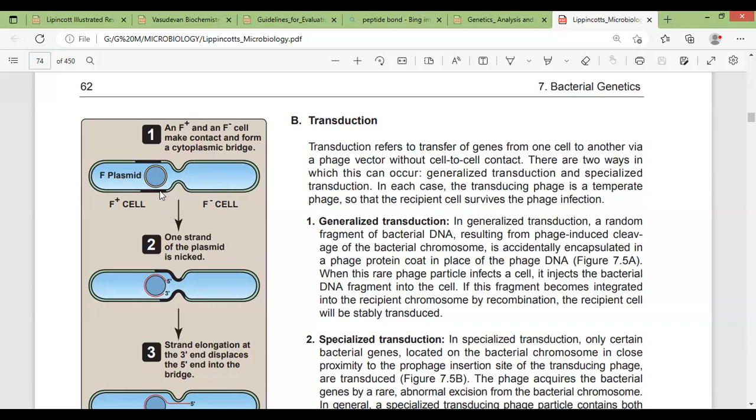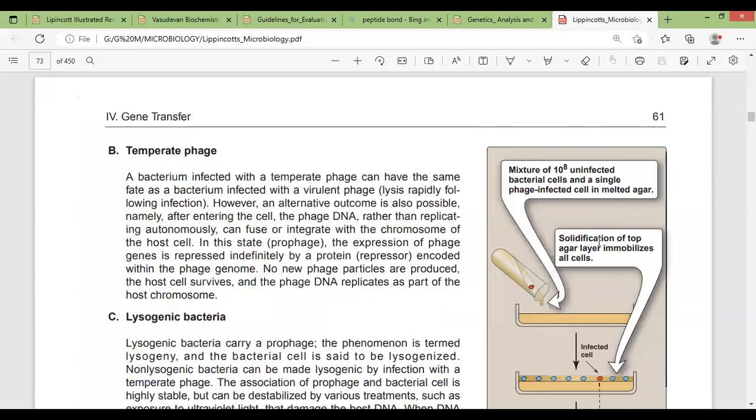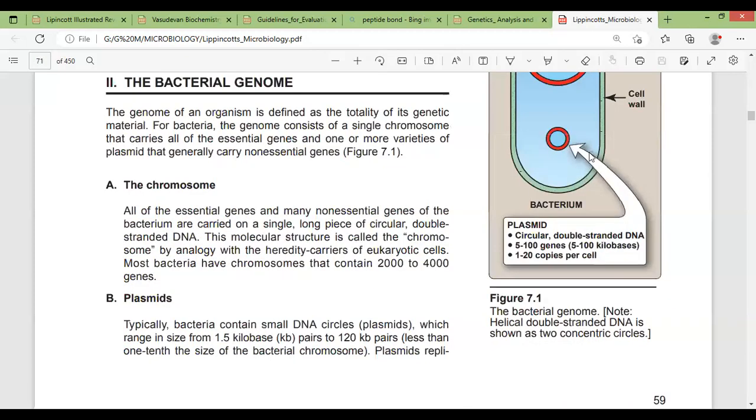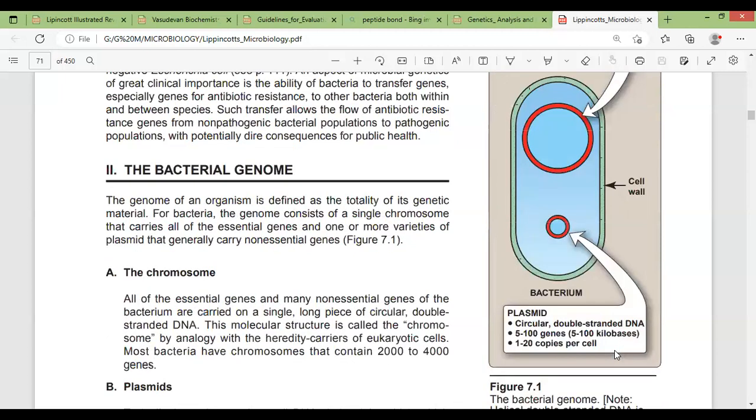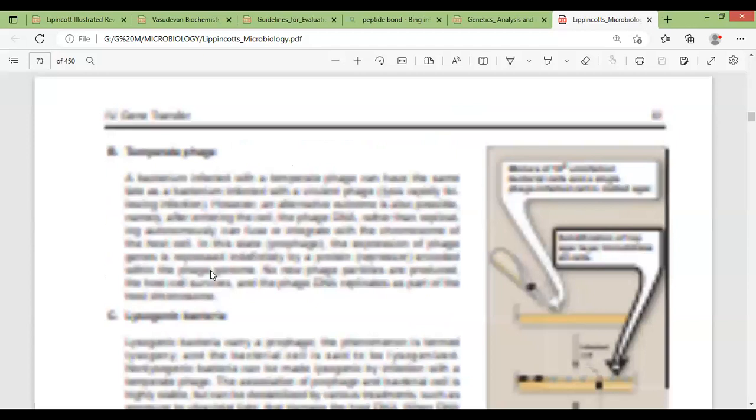And remember, we said plasmids are just extra-chromosomal DNA, but they're also double-stranded, same as the normal DNA. Even the plasmid is double-stranded, and that double strand is a huge deal.